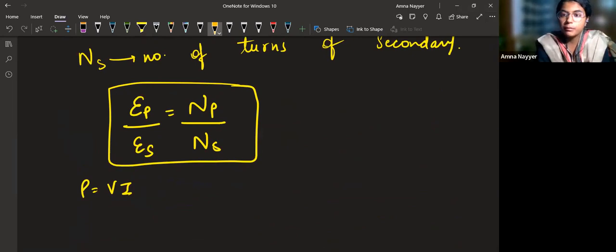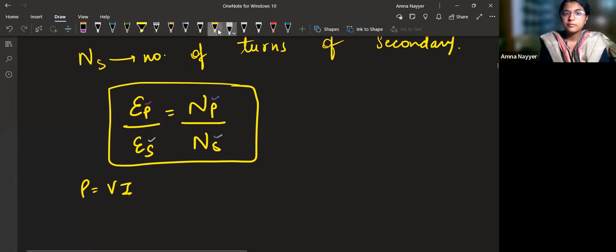Now, how to remember this formula? Just remember one thing over here. EP, here you have P, right? Here P is also present. Here you have S, here S is present. So whatever you have in the numerator, have the same thing in the denominator.